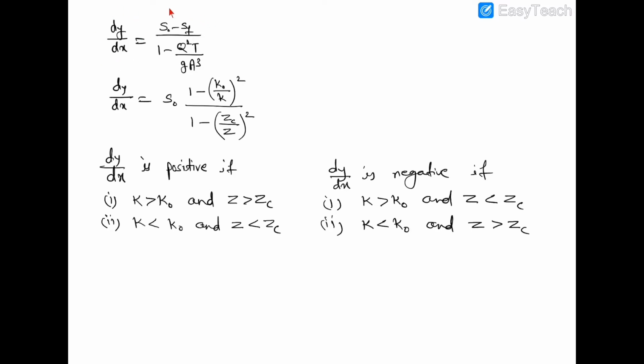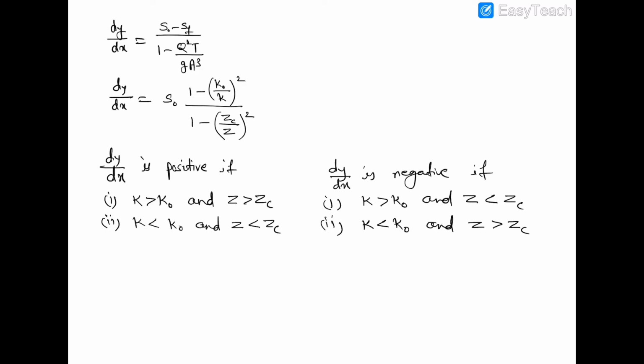This is the differential equation of gradually varied flow, and this is another form of differential equation of GVF in terms of conveyance and section factor. If dy upon dx is positive, then the GVF profile will have increasing water depth, and if dy upon dx is negative, then the GVF profile will have decreasing water depth in the direction of flow.